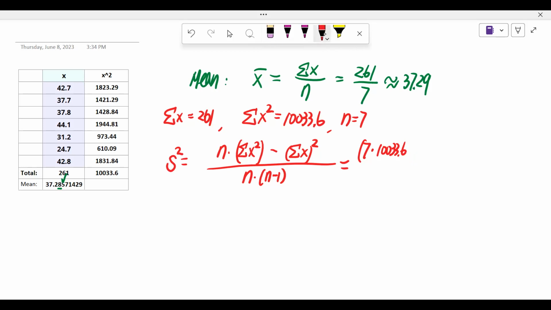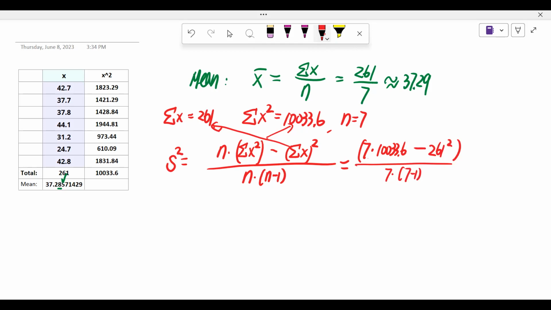So we multiply sample size 7, and the total of x squared is this. Then the total of x is this, 261, so that's going to be 261 squared on the top. The bottom is just going to be 7 times 7 minus 1.